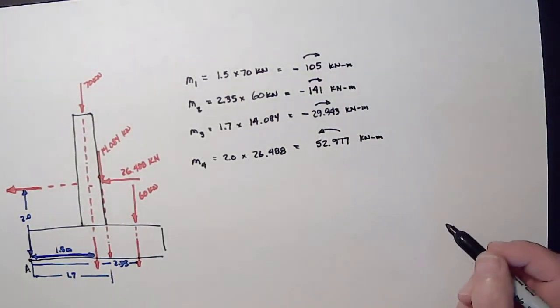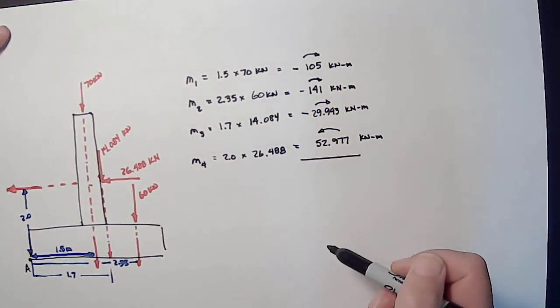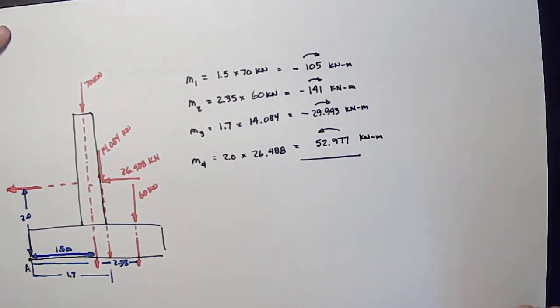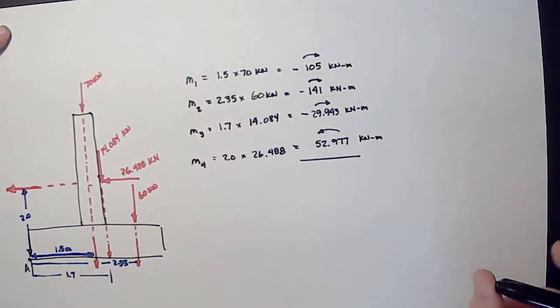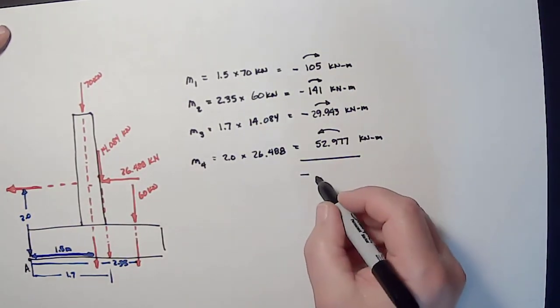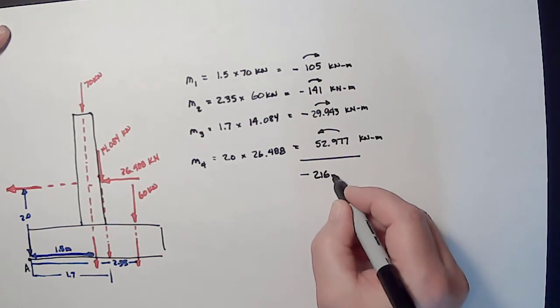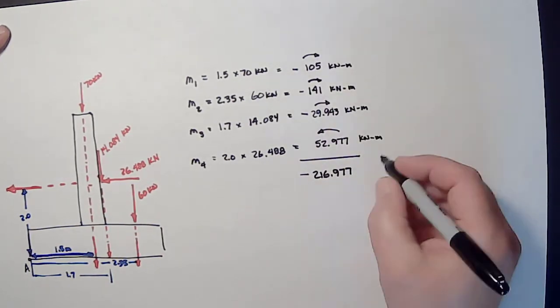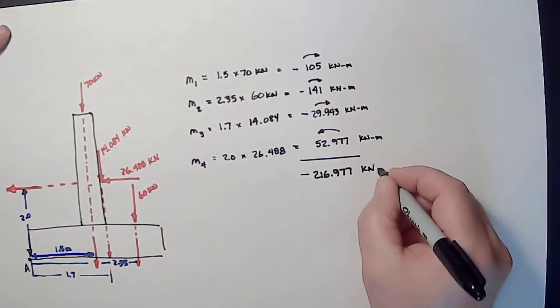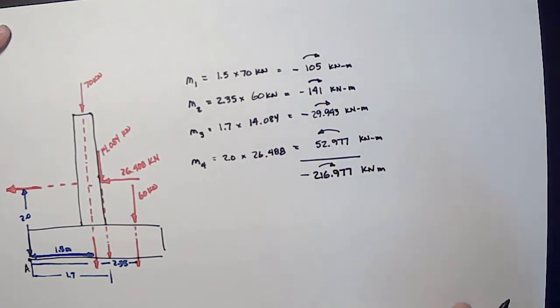That's going counterclockwise. Now I simply add everything up, and I account for the signs. Negative 105, negative 141, negative 29.9, plus 52.97, and I get negative 216.977 kilonewton meters. Negative means clockwise.